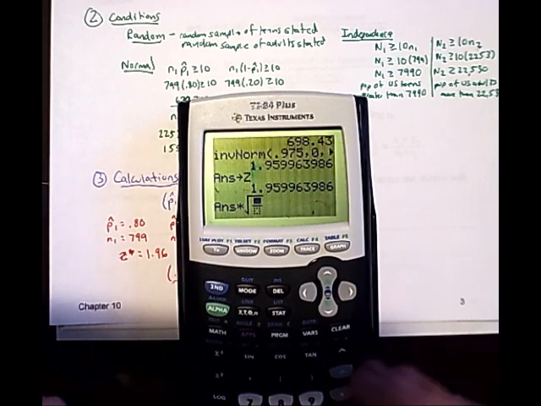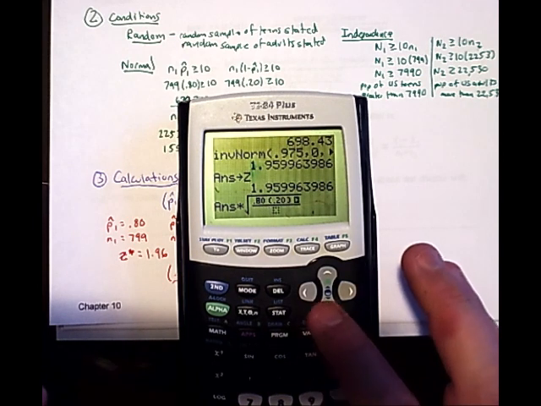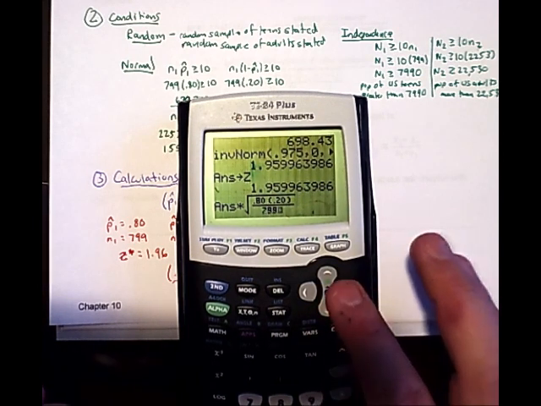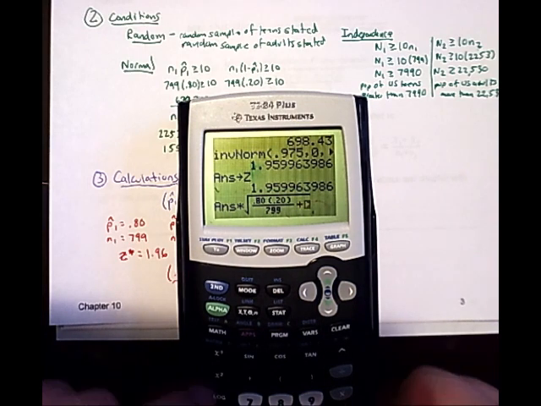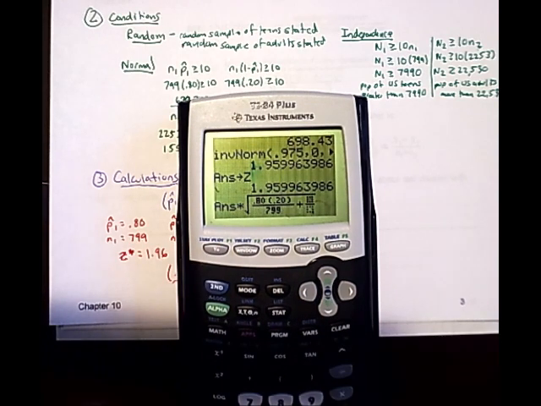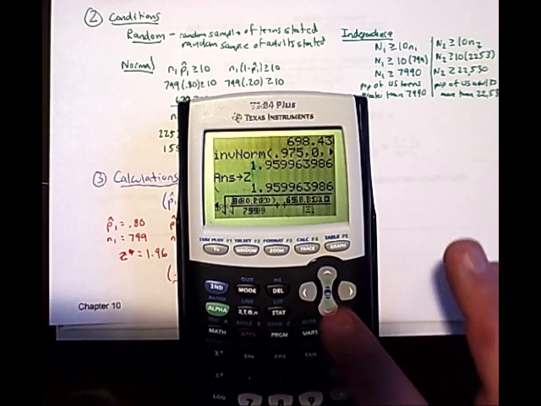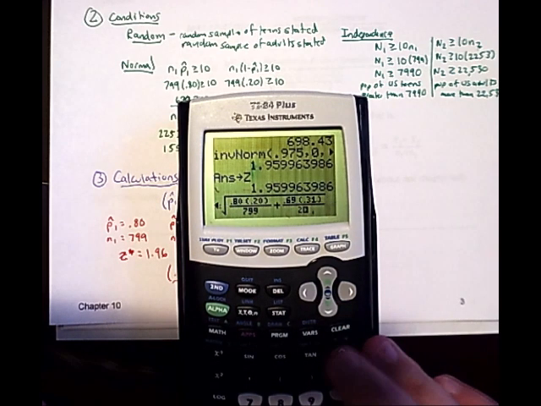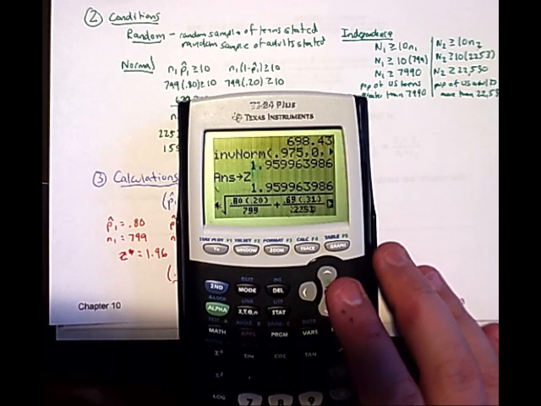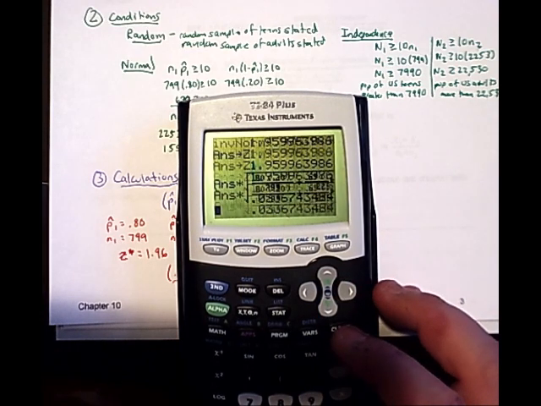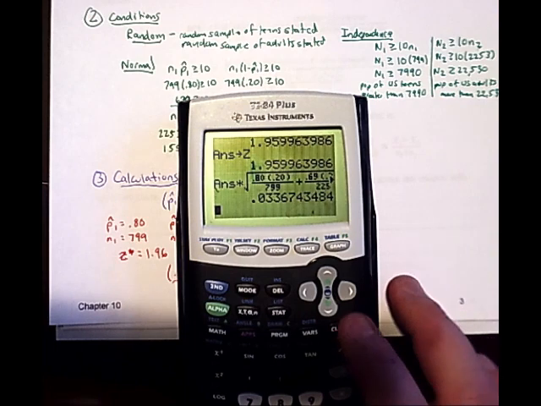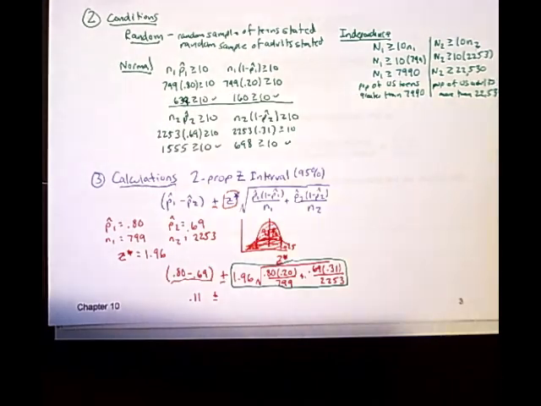So I'm going to do 0.80 times 0.20 over 799, plus 0.69 times 0.31 over 2,253. So 0.0337.